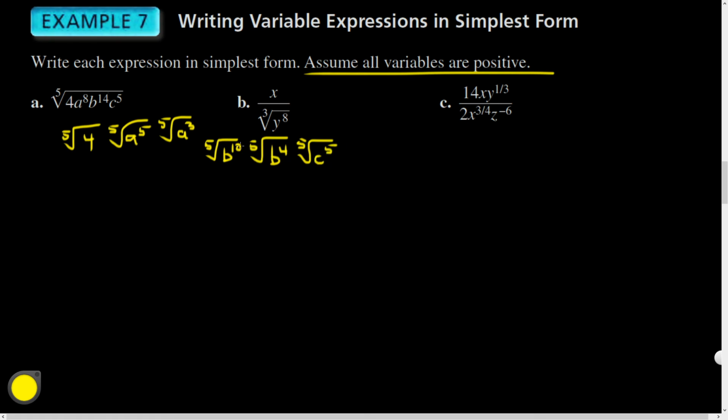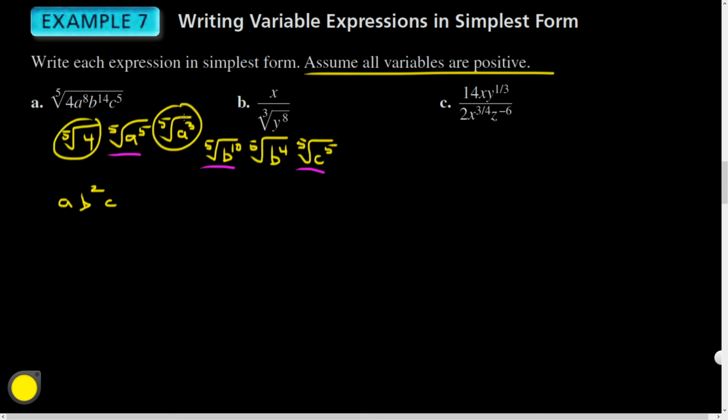All right, so the first thing I'm going to do is take all of the ones that can simplify, this one and this one, and write those out front. So the 5th root of a to the 5th is a, the 5th root of b to the 10th is b squared, and the 5th root of c to the 5th is c. So I've taken all of the ones that actually cancel and written them out front.